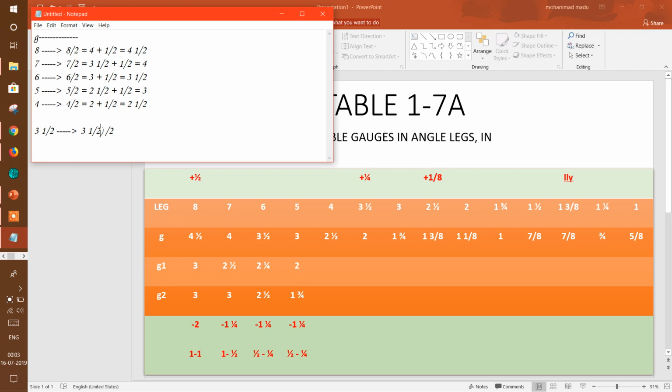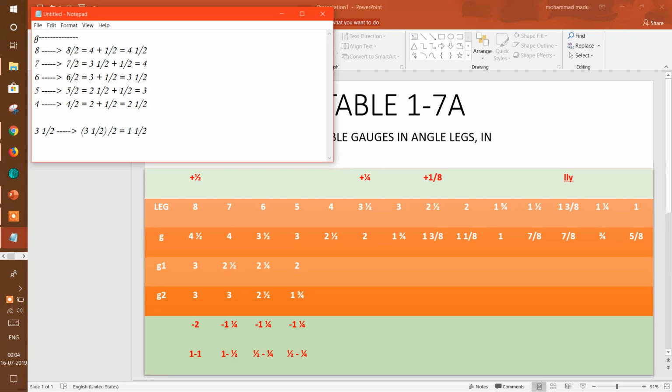I'm going to put it in brackets. 1/3 off means 1 1/2 plus 1/2 into off, 1/4 means 1 1/2.